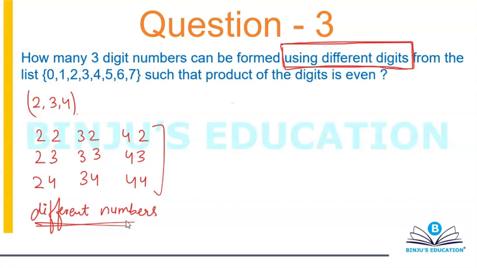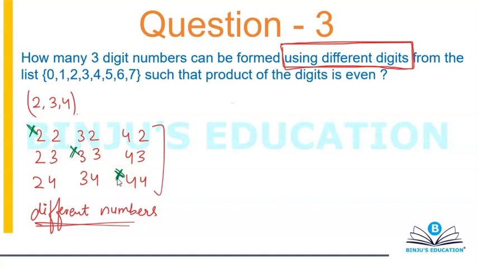The question is you need to use different digits. For example, if I say how many 2-digit numbers can be formed using the digits 2, 3 and 4 such that the digits are different, then this is out, this is out, and this is also out.